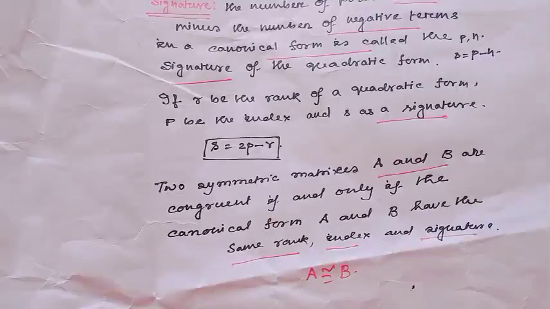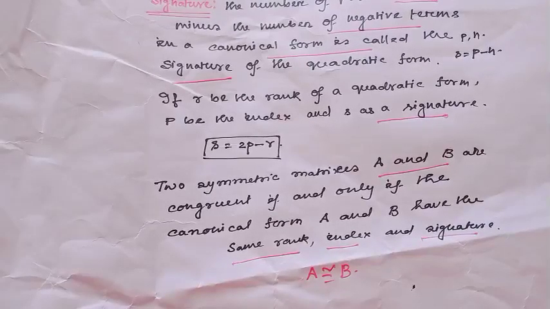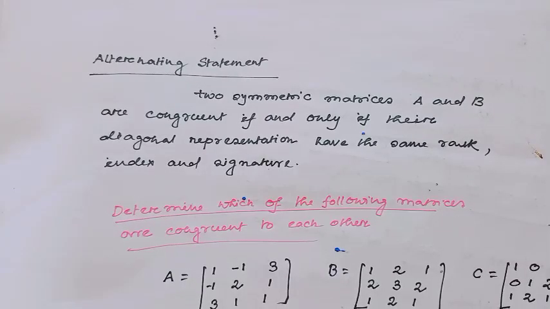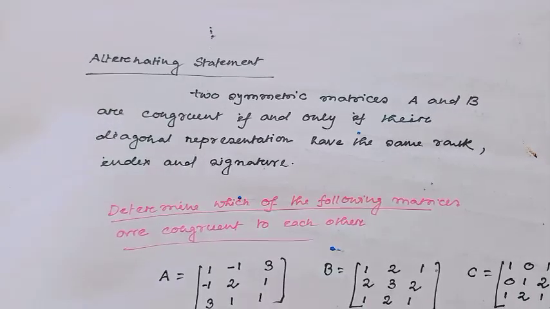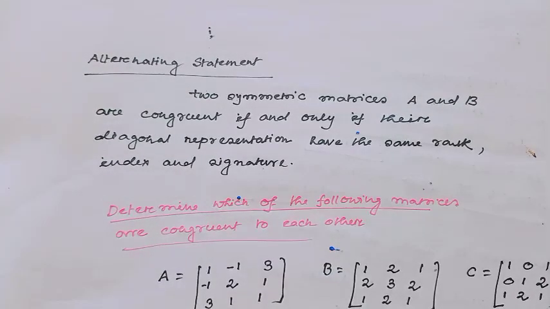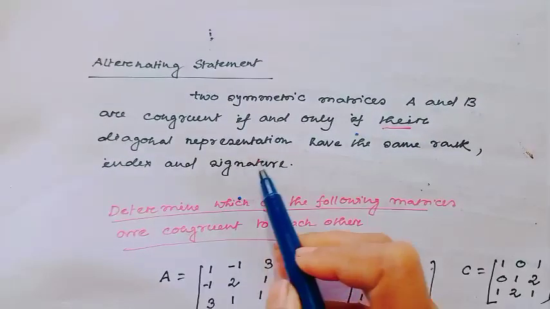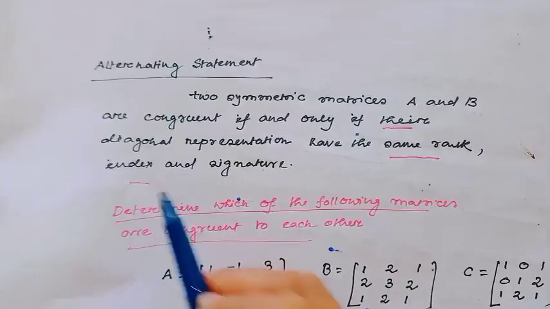This is the concept. How will I check whether two canonical forms are congruent or not? An alternative statement of congruence is: two symmetric matrices A and B are congruent if and only if their diagonal representations have the same rank, index and signature.